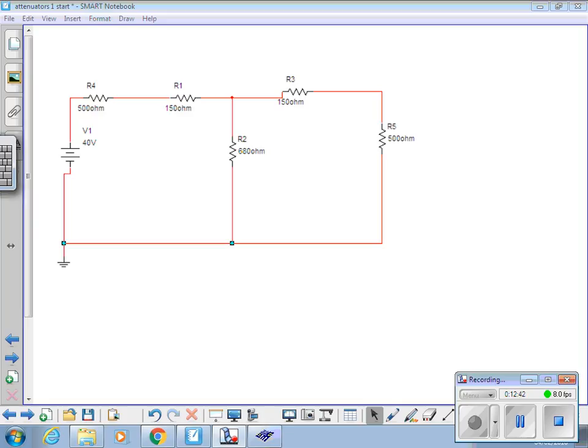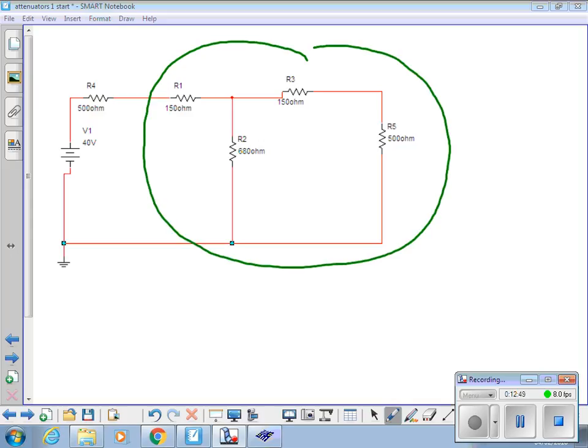Right. This bit is your attenuator. In total, it equals 500 ohms. Here are your attenuator input terminals, connected to your source with an internal impedance of 500 ohms.